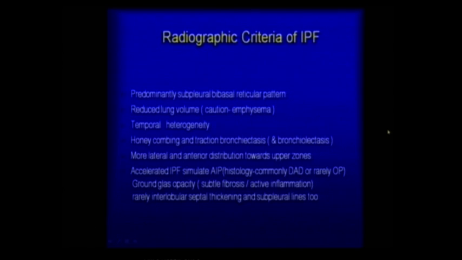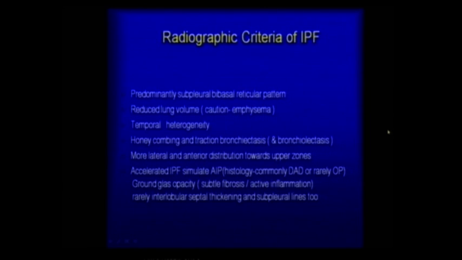Sometimes you even identify traction bronchiolectasis. And there is another entity called accelerated IPF or an acute exacerbation of IPF, which will have a histological pattern of not UIP, but a superadded diffuse alveolar damage too, which will have extensive ground glass opacity. Otherwise, ground glass opacity is not a predominant feature, even though it can occur occasionally, in which case it represents subtle fibrosis.